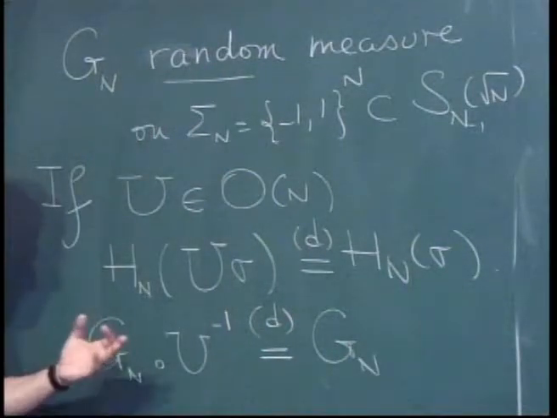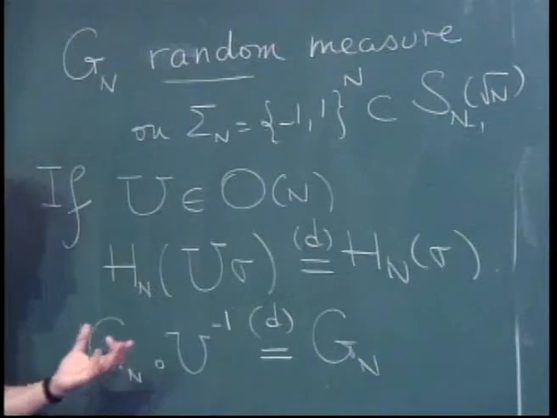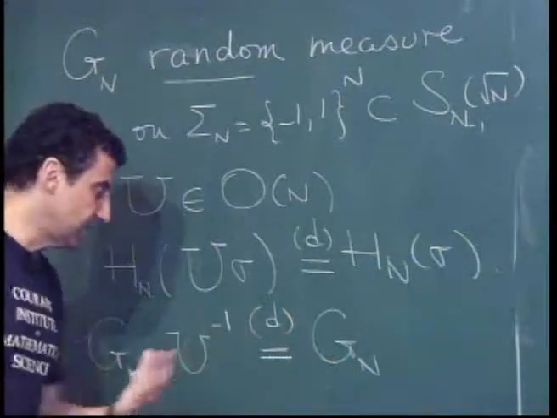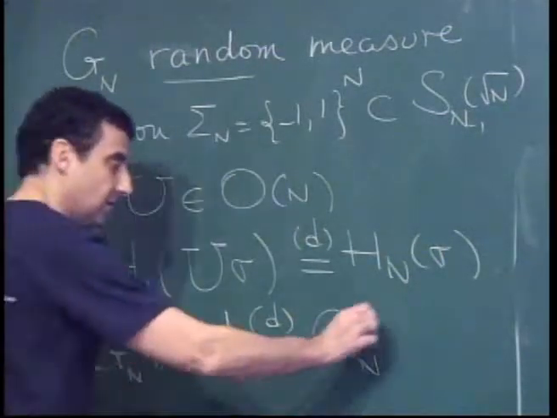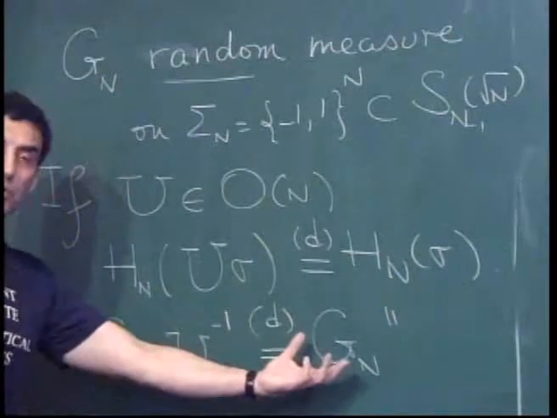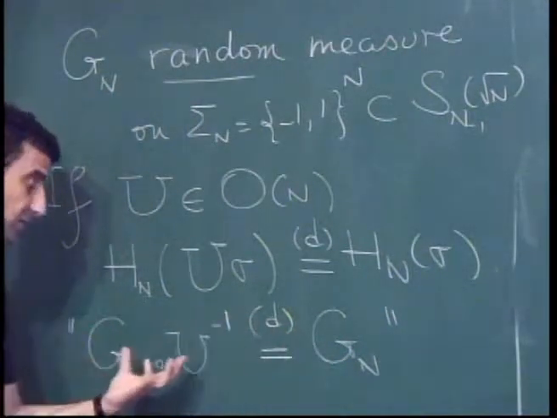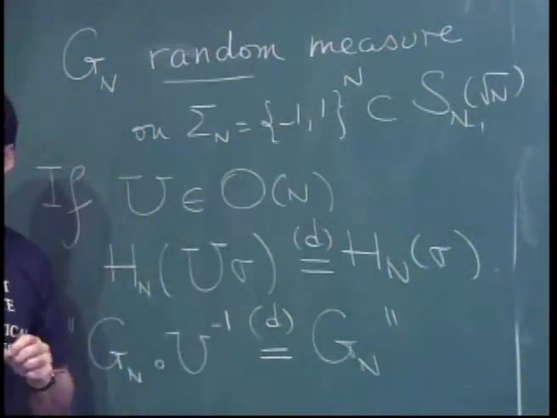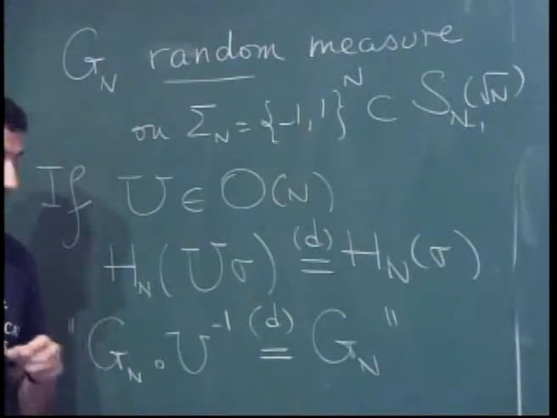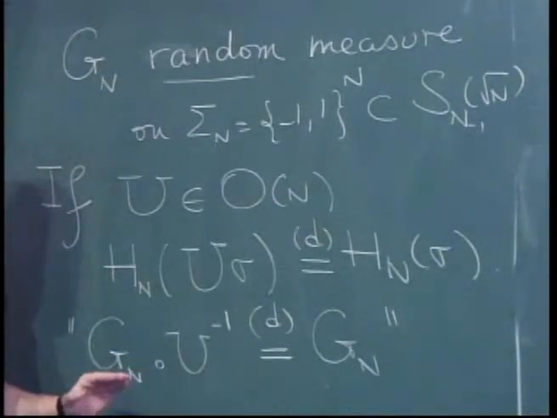Except, of course, not really, because this is not really true. This is supported by the vertices of the cube, while this is supported by the vertices of a rotated cube. So this is not exactly true.